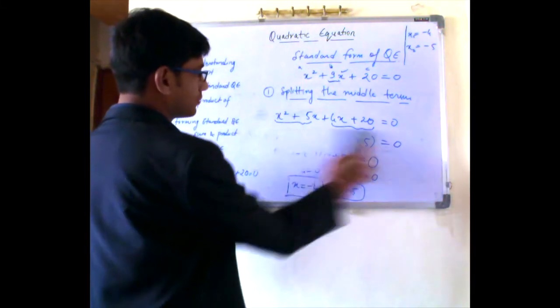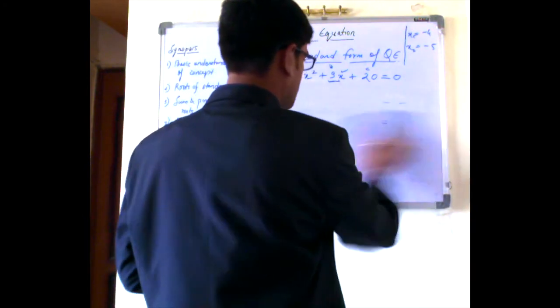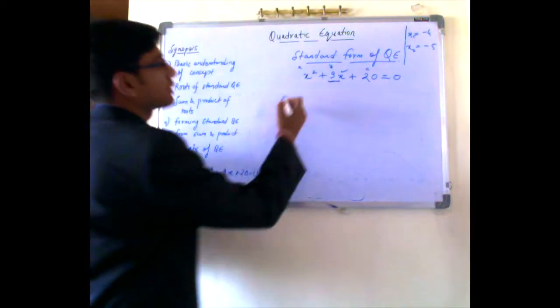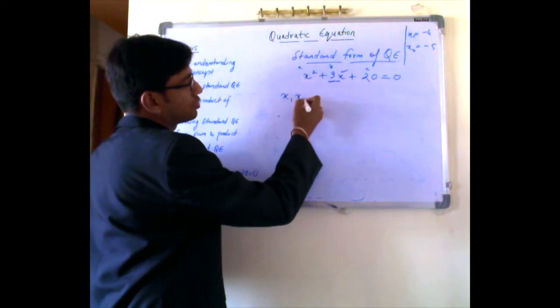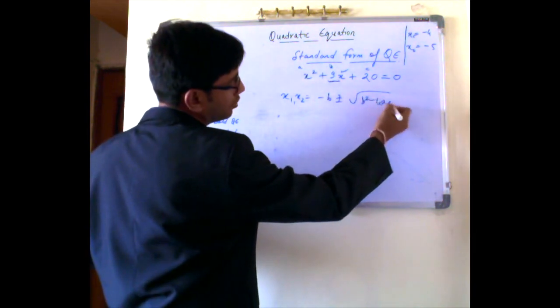So I rub this. This was more about the splitting the middle term method. Now I take my formula, x1, x2 given as minus b plus minus root of b square minus 4ac whole upon 2a.